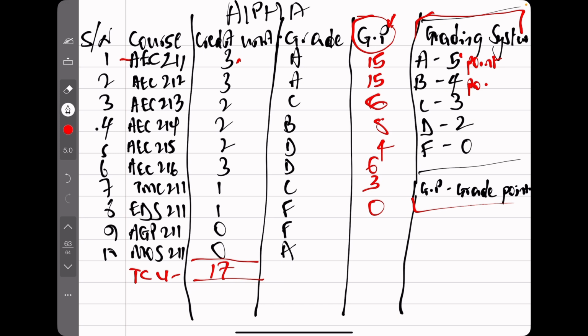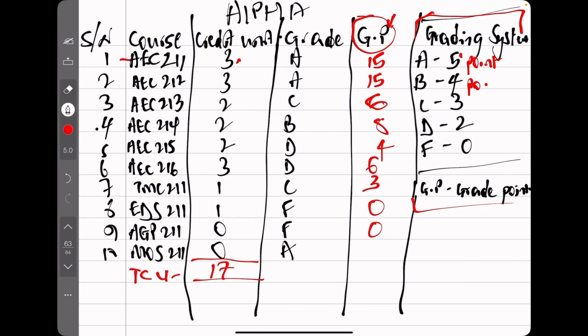So AGP211 is a 0 unit course, and no matter what you get, you are going to have 0. It's normal. Don't fret.